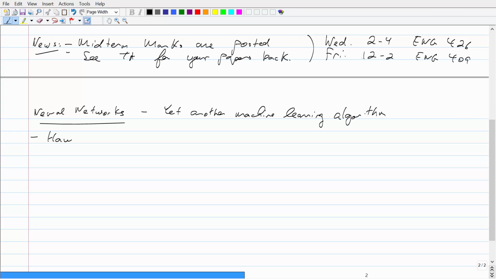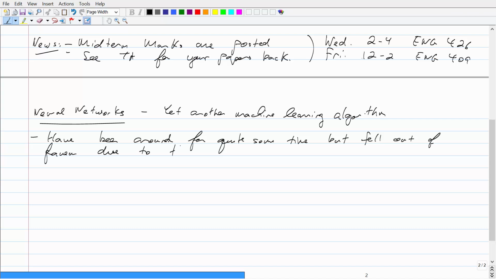They fell out of preference for an algorithm called the support vector machine, which we'll talk about next week.